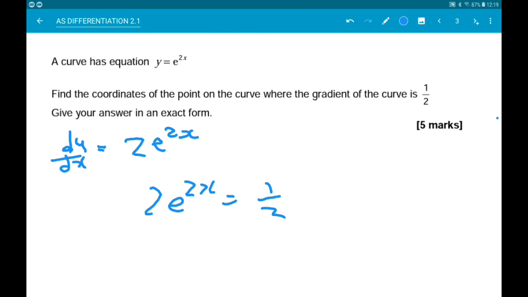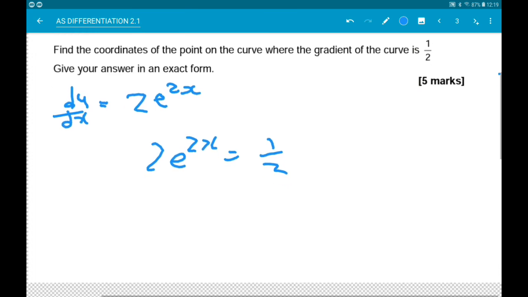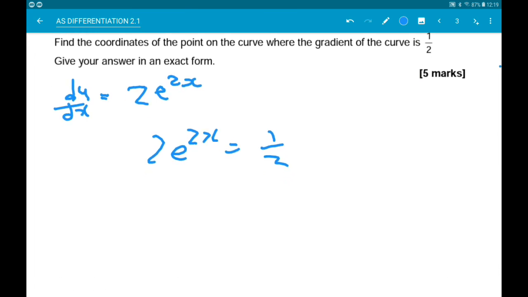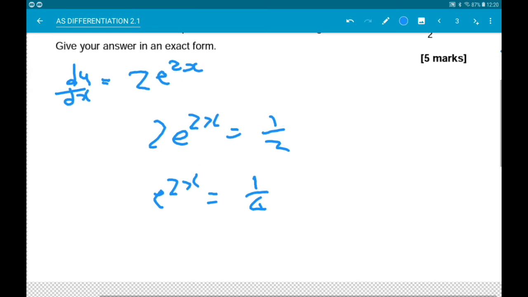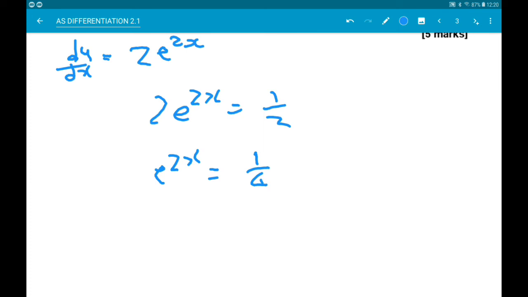Okay, so now we need to solve this for x. So let's divide through by 2. So e to the 2x is 1/4. Now to cancel the exponential, we take the natural log of both sides. So that's going to leave us with 2x is ln of 1/4.